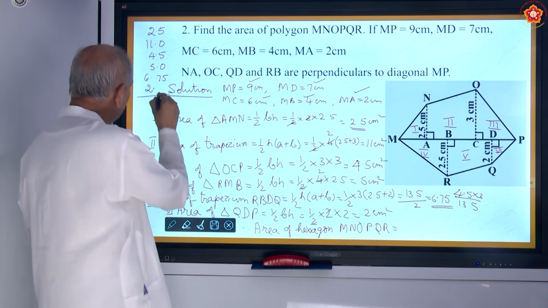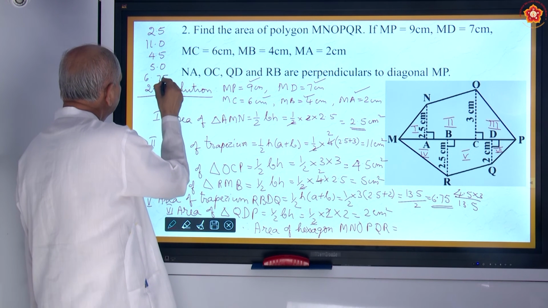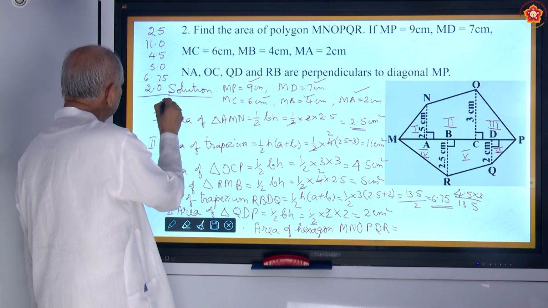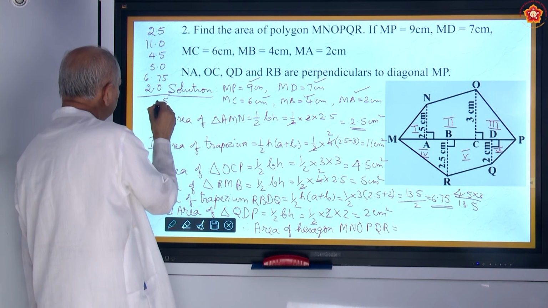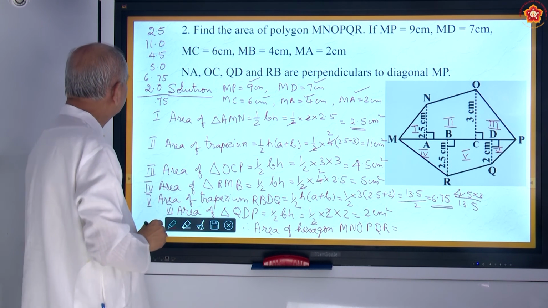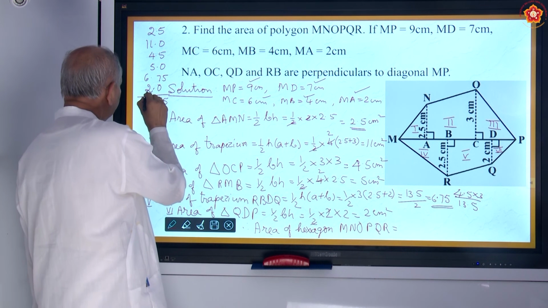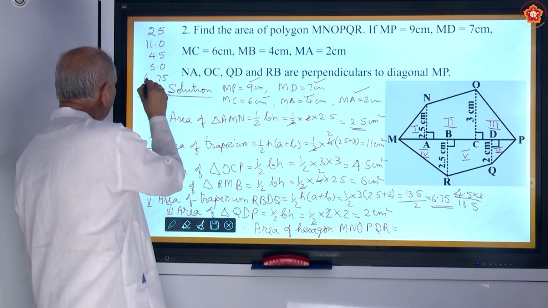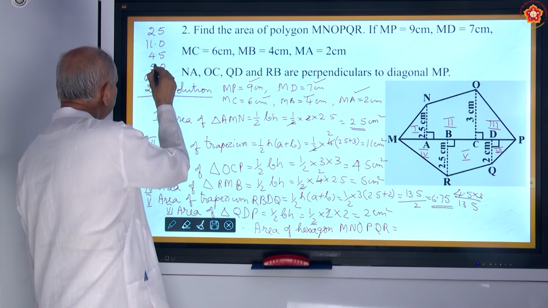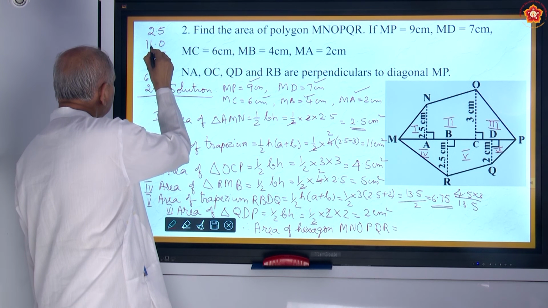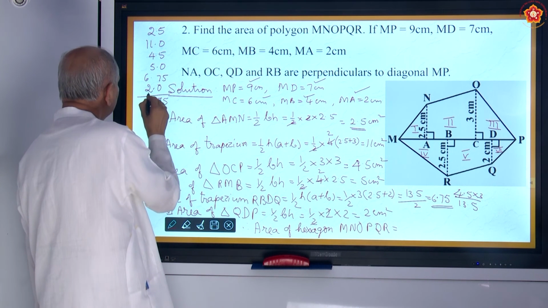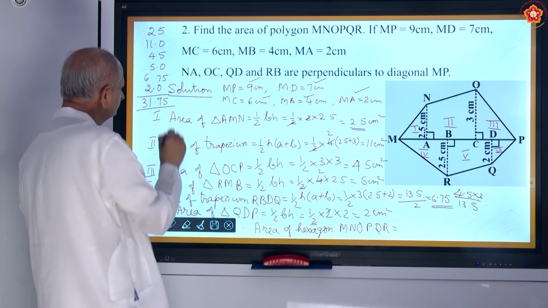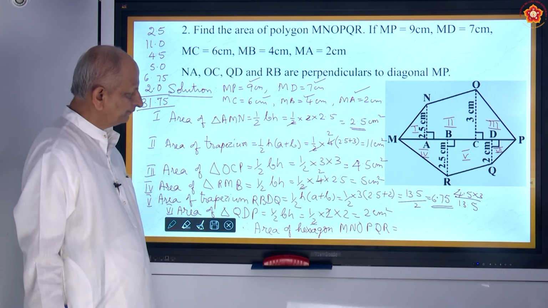Correct? Add all this. This will be 5, 7 plus 5, 12, plus 5, 17. 1 plus 2, 6, 3, 9, 14, 18, 19, 21. 2 plus 1, 3. Correct?